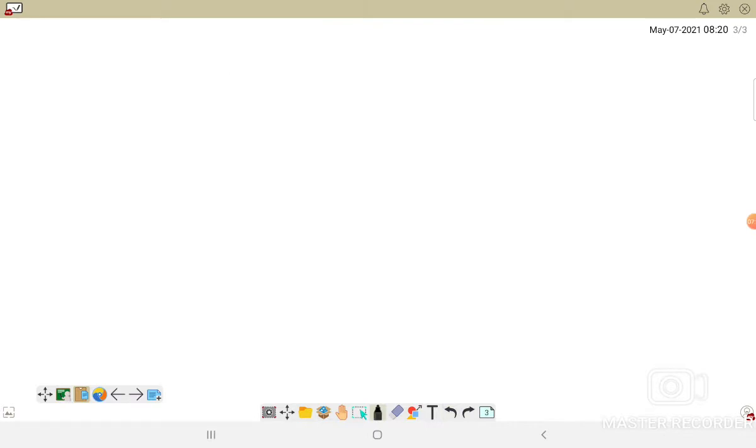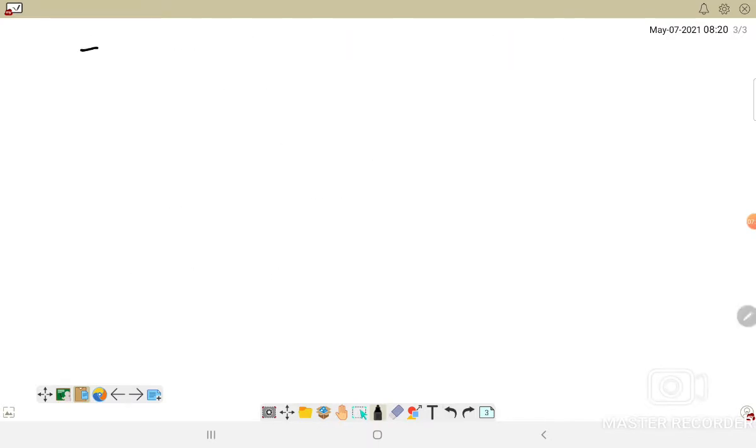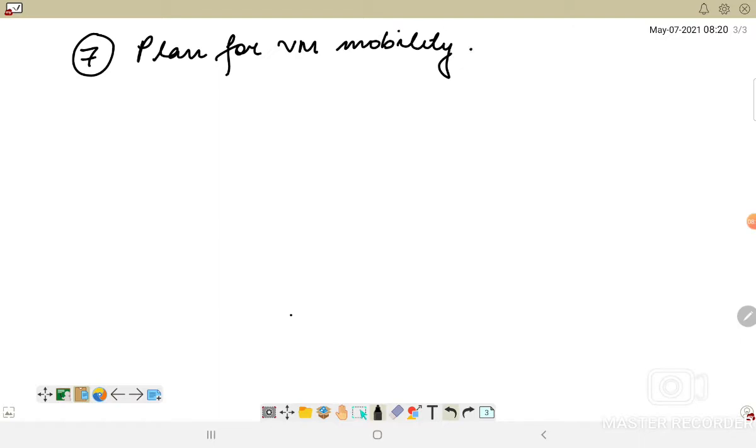The next important point we have to remember is, number 7, we should plan for VM mobility. What happens is we have to partition the trust zones here.